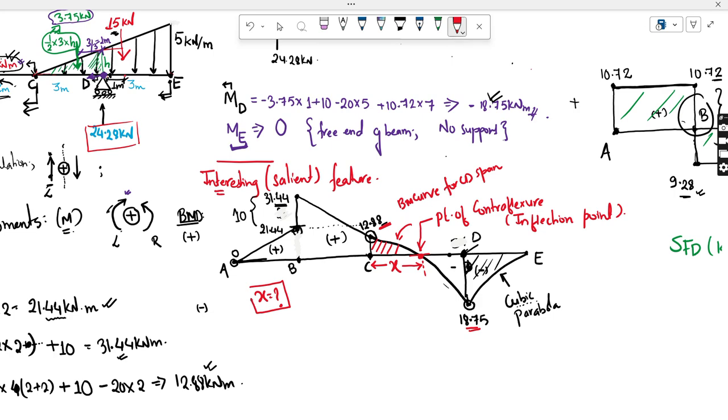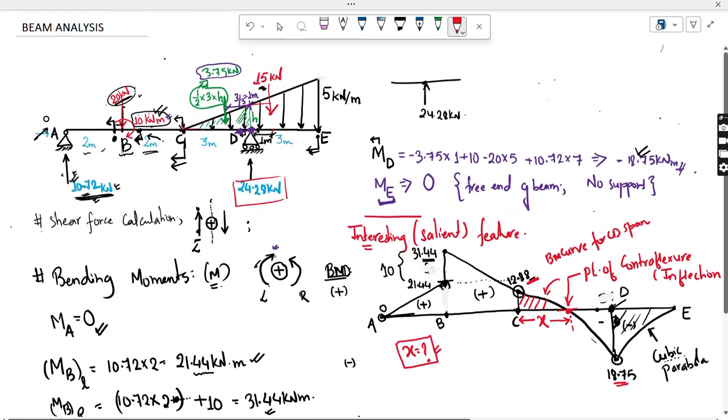If you are in a little bit hurry in the examination, you can just do up to here, it's very much fine. But if you find this x distance, it will be most suitable. So for now I am going to find this x value. If you think the video has taken too long, you can skip this part, but this will be very much essential if you find the x value, because for frame analysis also you have to do in the similar way.